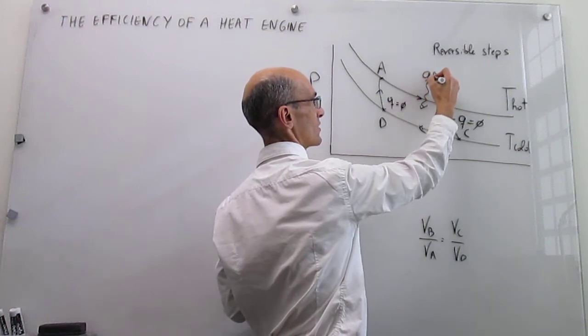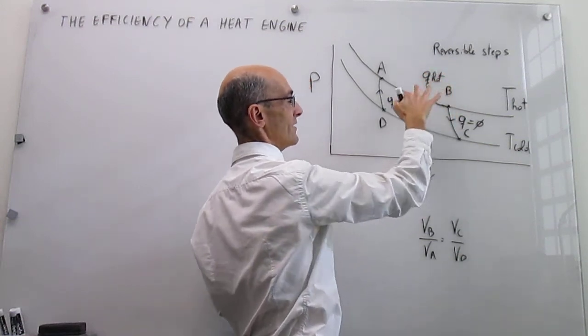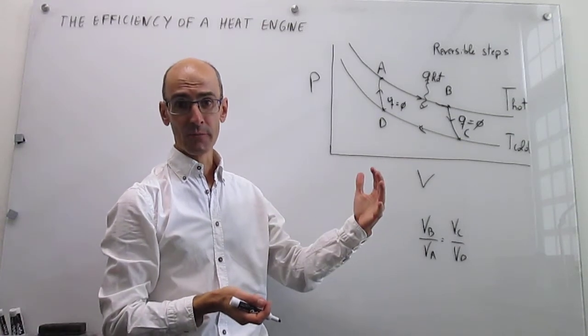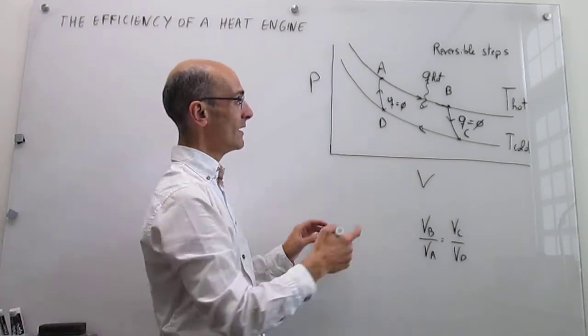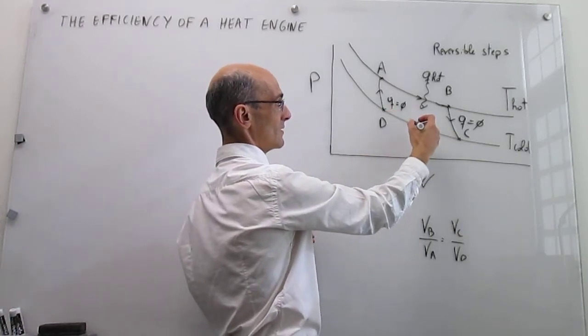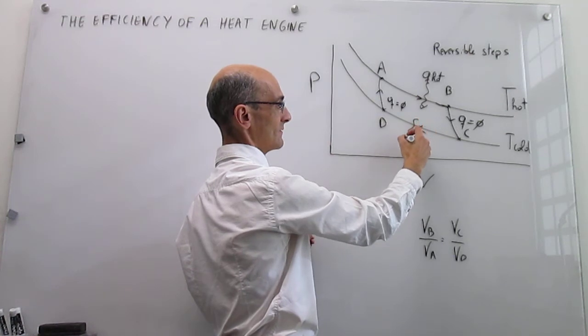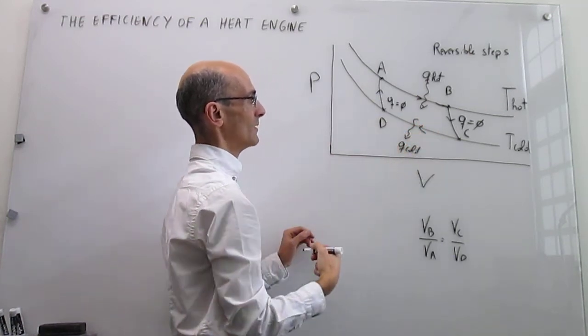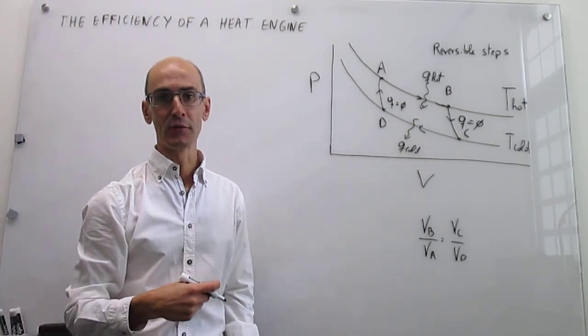Here you absorb energy as heat from a hot source of the heat engine, and you perform your reversible isothermal expansion. And here, this is a compression that is isothermal, so energy as heat must leave the system to be able to do that compression isothermally.